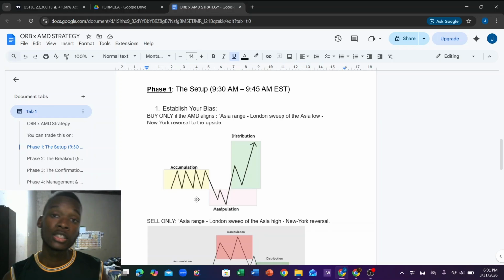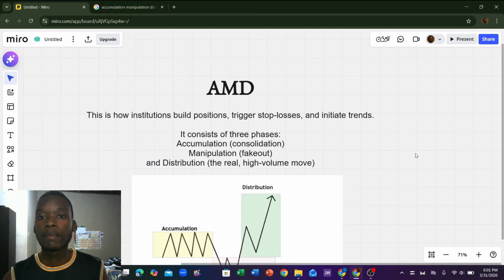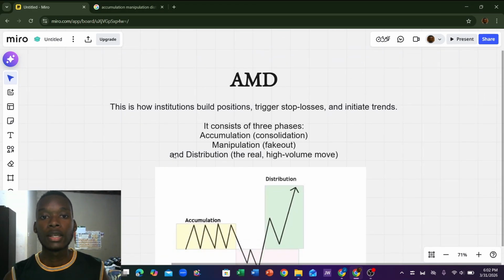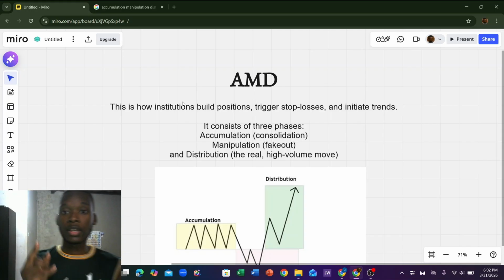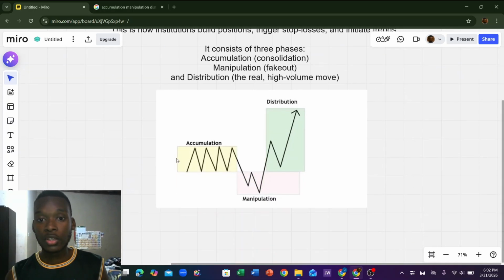Before we get into this strategy step, let me explain what the AMD is. The AMD is how institutions build positions, trigger stop losses, and initiate trends. This pattern consists of three phases. Phase one is the accumulation phase, which you can see right here.